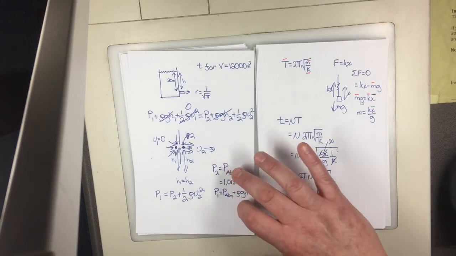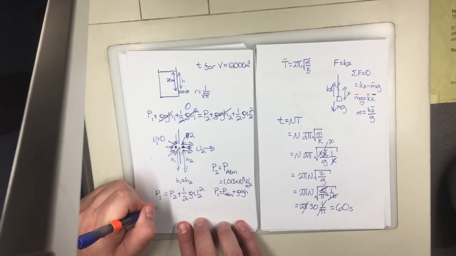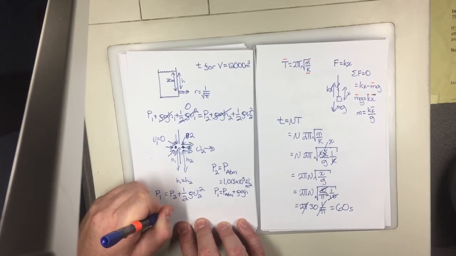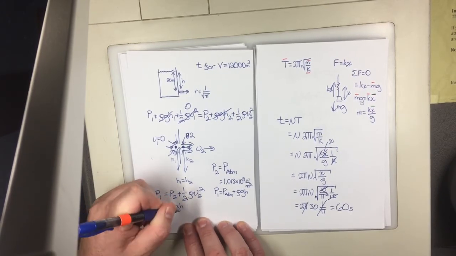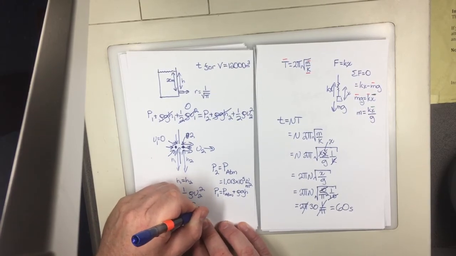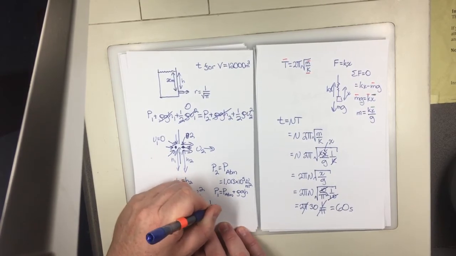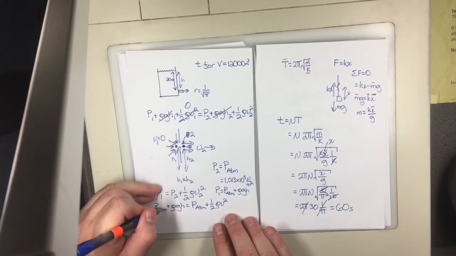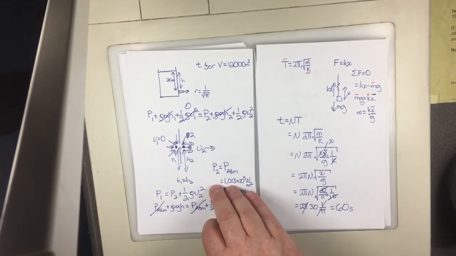I'm going to plug these in as equations, and what you see is P atmosphere plus rho GH equals P atmosphere plus 1/2 rho V squared. And what you get is those atmospheres cancel.